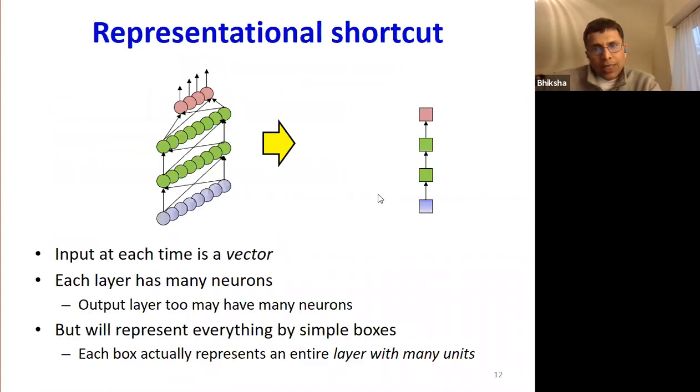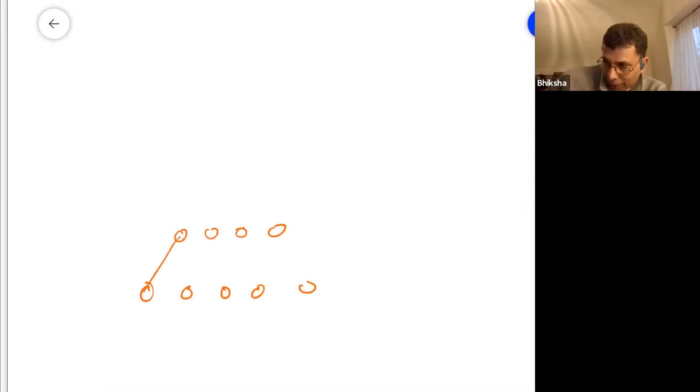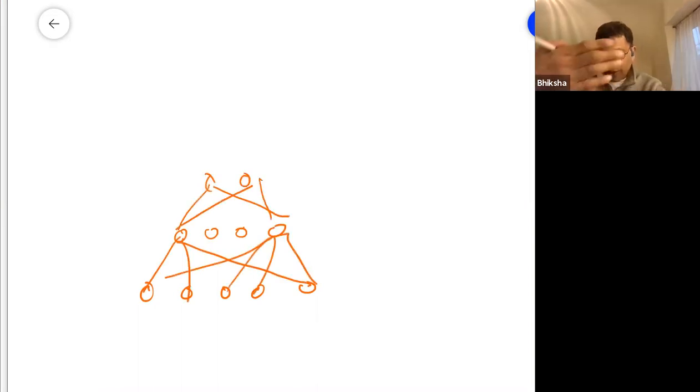Now, there's a little bit on representations. In all of the following slides, I'm going to use a simplified picture to show a neural network. Now, so far, when we drew neural networks, the way we drew them was something like this. We had a series of neurons, and then we had some other neurons over here, and we connected them up, etc., right? Now, this is basically looking at the network side on, or face on.